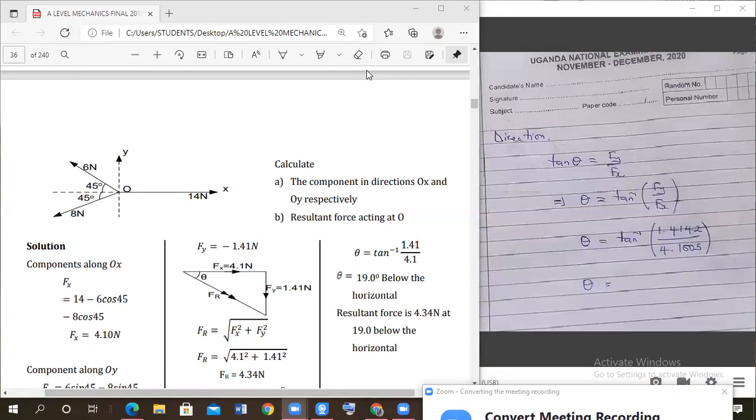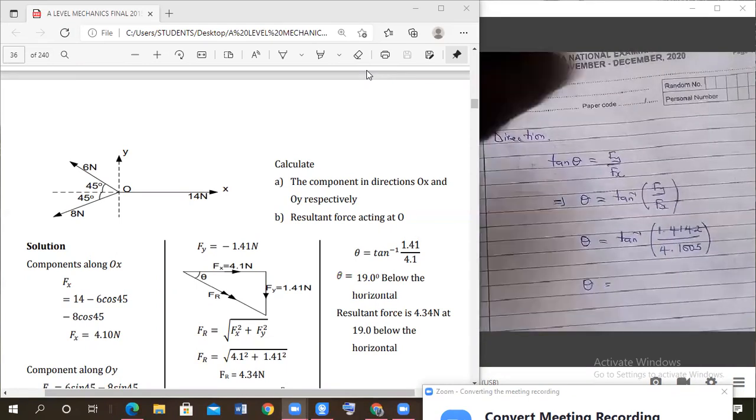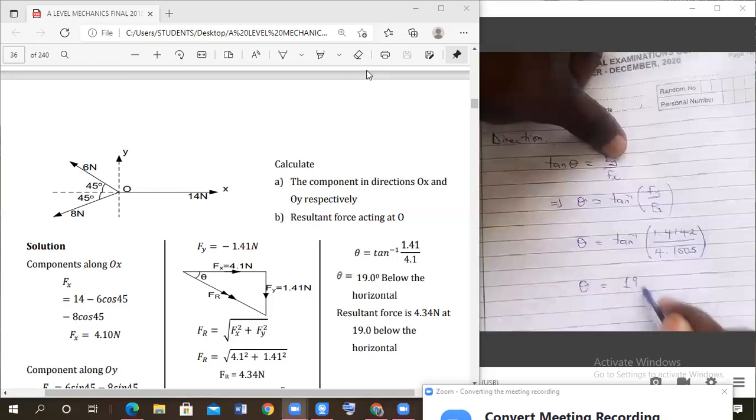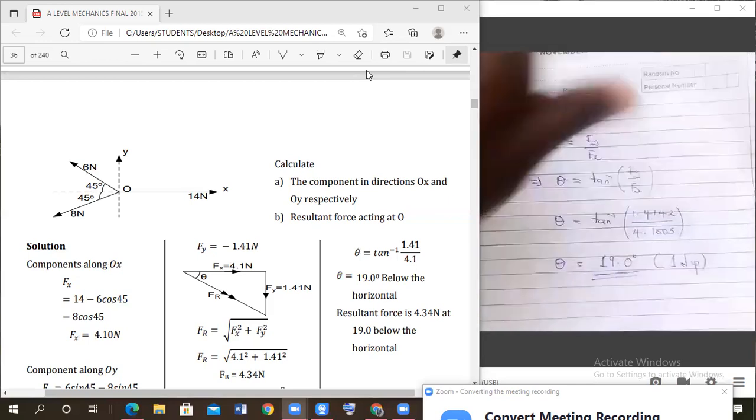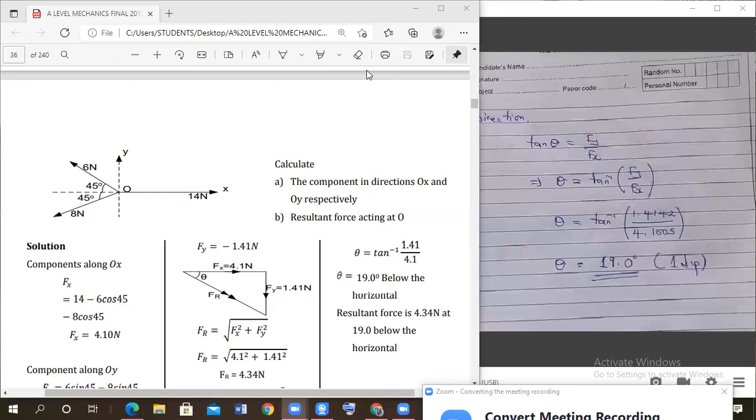Tan inverse of that, you get what? 19.0 degrees. For angles you write to 1 decimal place.